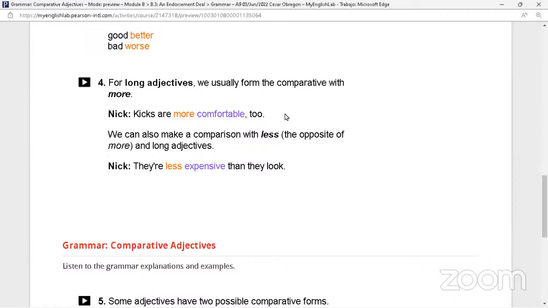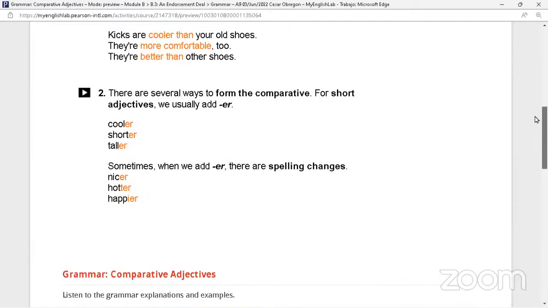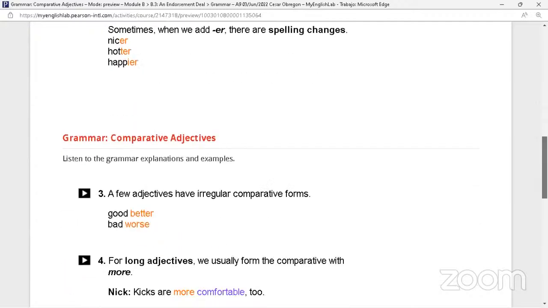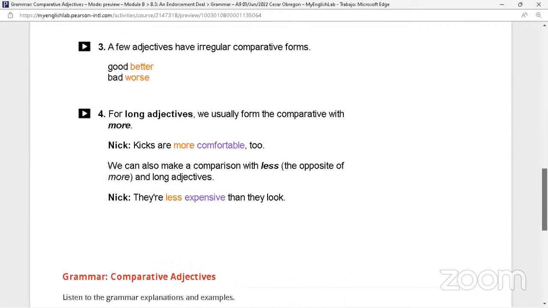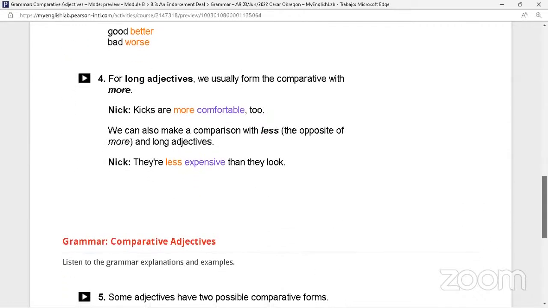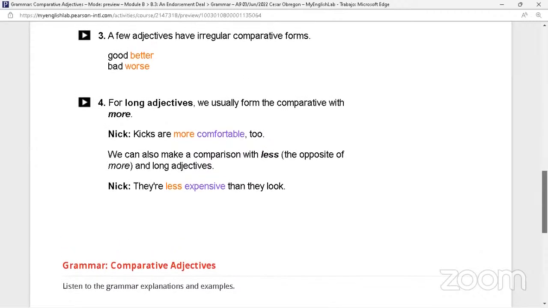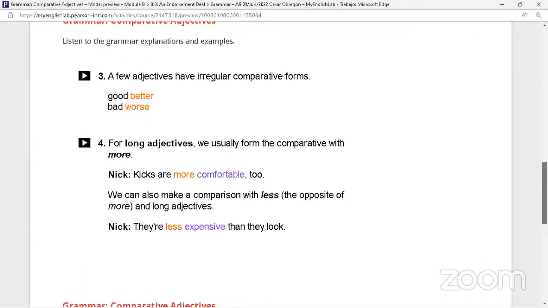I understand there are 2 syllables. I would say more happy. No, it's actually 1 syllable, okay? Happy. Yes, it's strange.